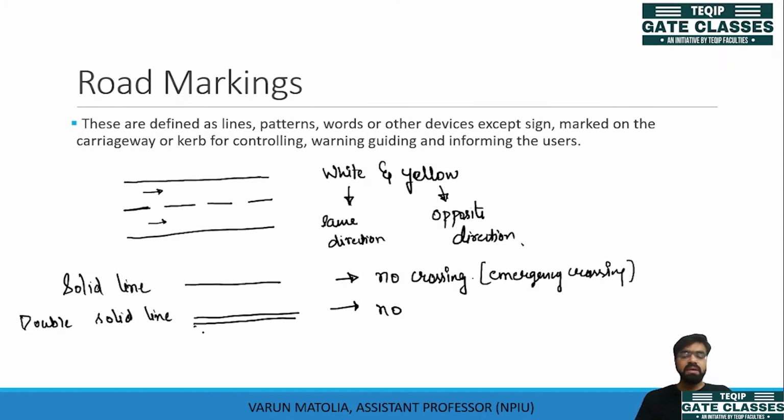But for a double solid line, the restriction increases, meaning no crossing in any condition. Like whenever you are moving on hill roads and steep turns are there, you are guided not to cross a line in any condition.